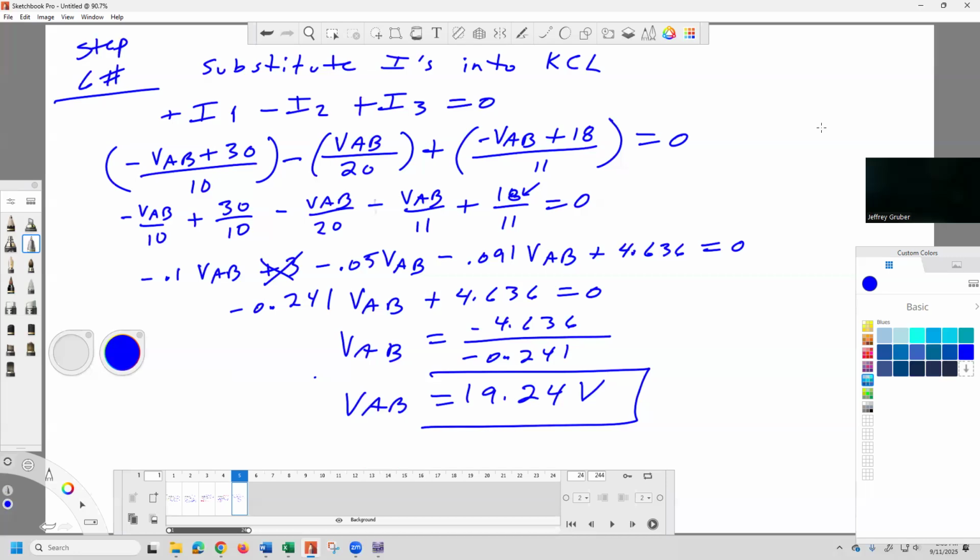Because, like I said, this right here is not two nodes. It's only one node. So then what I said was, well, VA equals VB, because it's the same node, right? VA and VB is the same thing. Look at it.